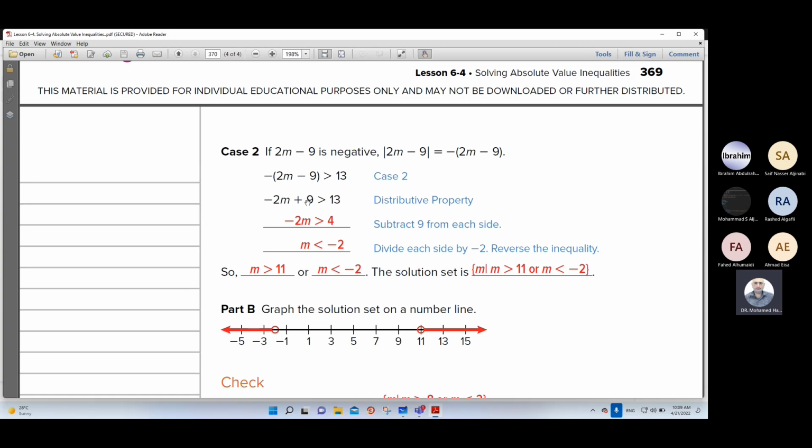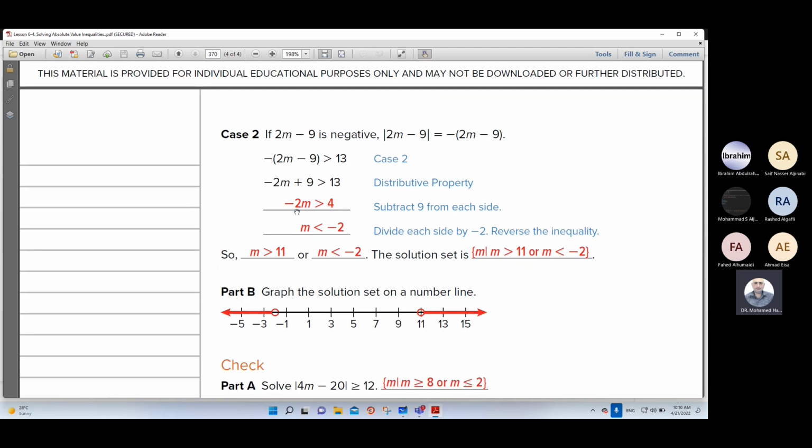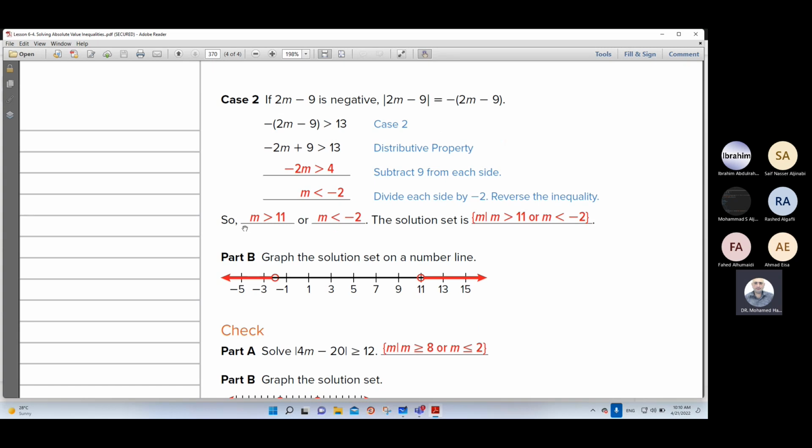Then we can subtract 9 from the two sides. We will get minus 2m greater than 4. Then we can divide the two sides by negative 2. It will be m, and switch the sign, and here will be negative 2. So we have the first case, m greater than 11, or m less than negative 2.